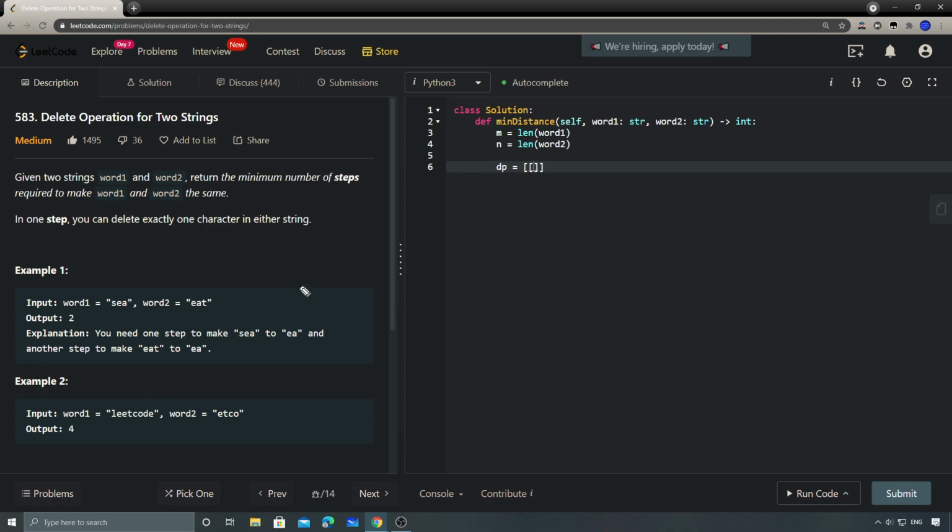Since we'll get i minus 1 and j minus 1 in our DP state transition function, when we define the DP array here, we do m plus 1 and n plus 1, so that we don't have to worry about i minus 1, j minus 1, because i and j will be starting from 1 instead of 0. That's how we handle this one.